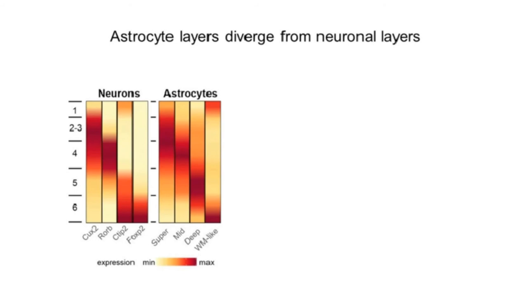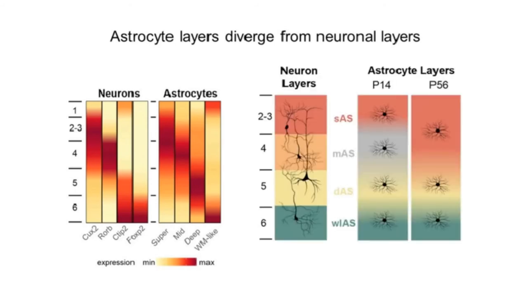I hope you can appreciate that while neuronal gene expression patterns are mapped precisely to these sharp neuronal layer boundaries, the astrocyte layers exhibit as broad gradients and have diverged from this classical neuronal architecture.